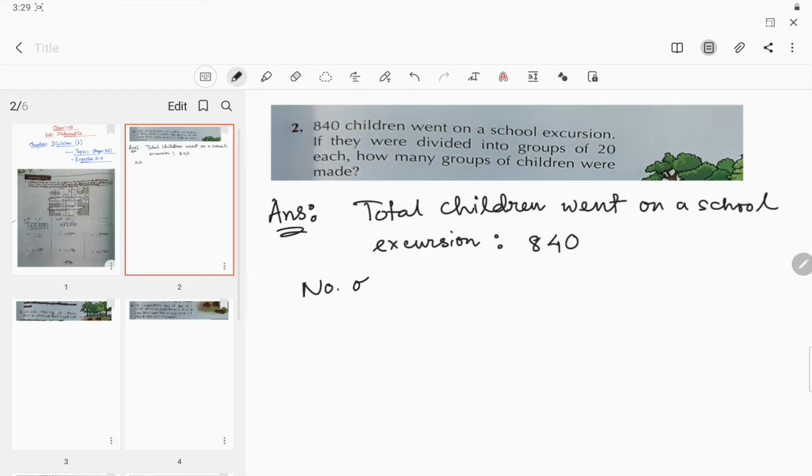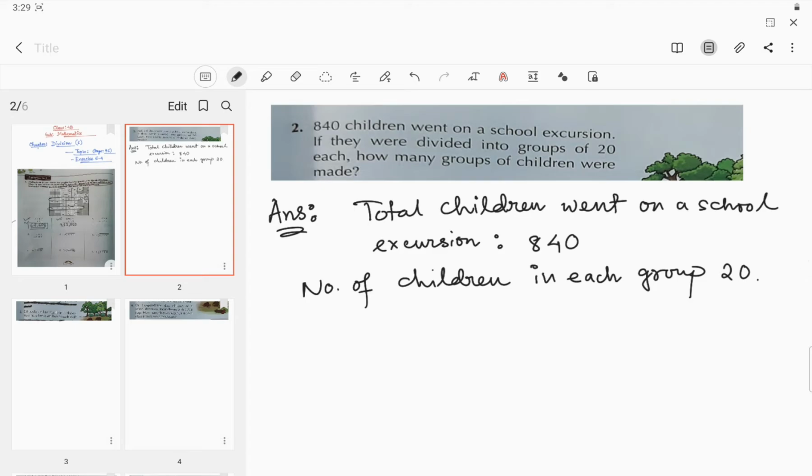And the number of children in each group is 20.